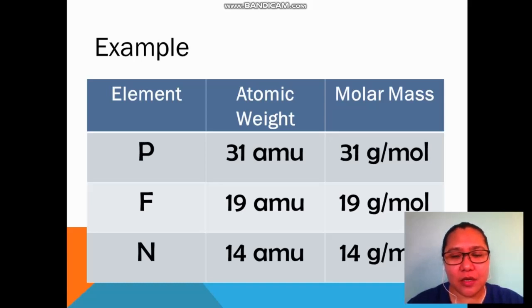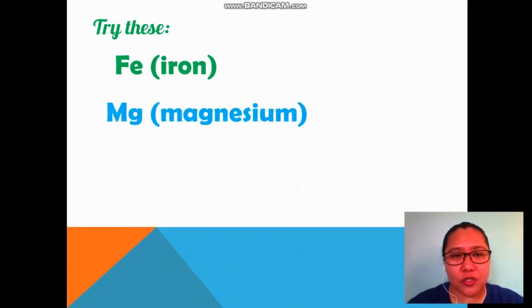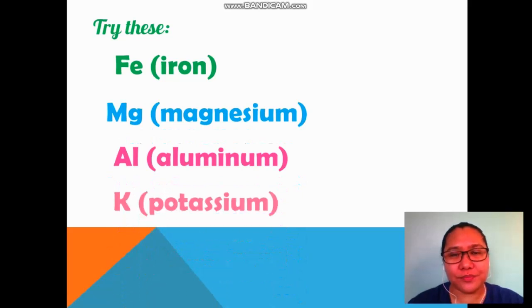The same idea goes with nitrogen, having 14 atomic mass units and 14 grams per mole as its molar mass. It is very easy, right? So with that, let us try this. Identify the molar mass of the following elements: iron, magnesium, aluminum, and potassium.